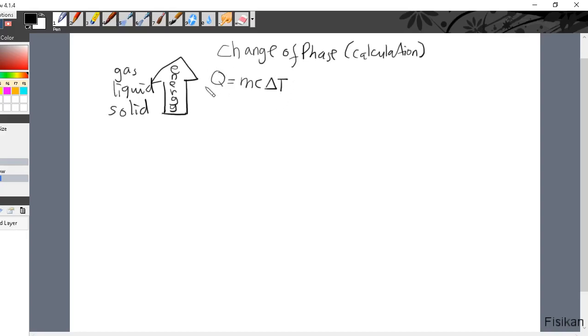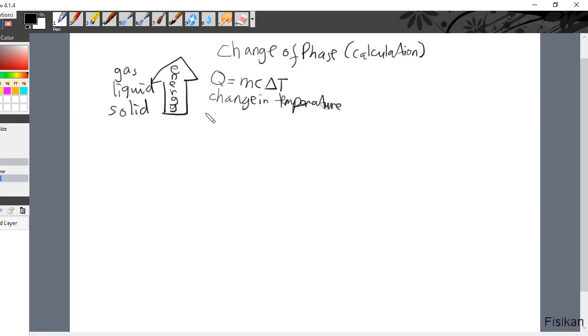So this is a very easy concept, and we already learned this. This one is just to calculate the amount of energy needed when there is a change in temperature, but not for phase changing.